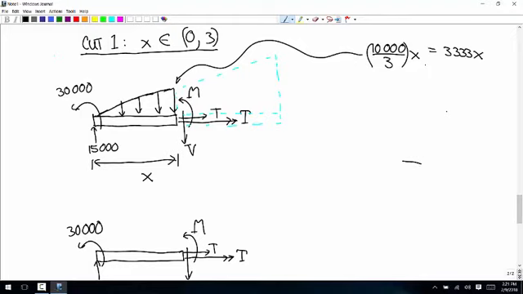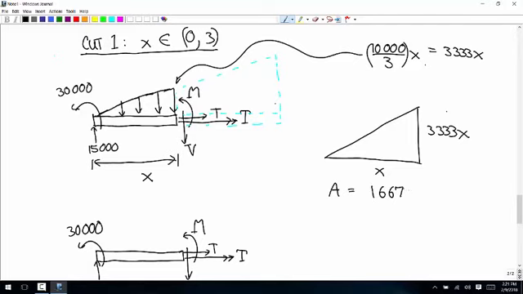And now we have to calculate the area and the centroid of this triangle, where the base is x and the height is 3,333x. Okay, so the area of that triangle is base times height over 2. So 3,333x squared over 2. 1667x squared.